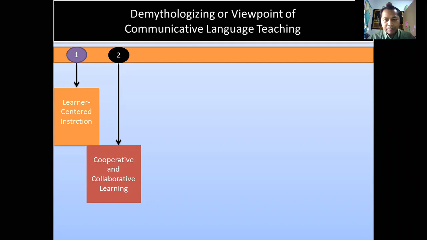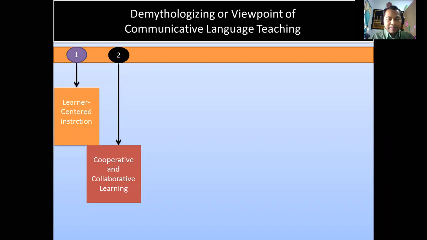Are they the same, or are they different? Is cooperative learning the same as collaborative learning, or is cooperative learning different from collaborative learning? Because nobody asked that, maybe you have understood the concepts of cooperative and collaborative learning. But if you're critical enough, you may ask and discuss this.